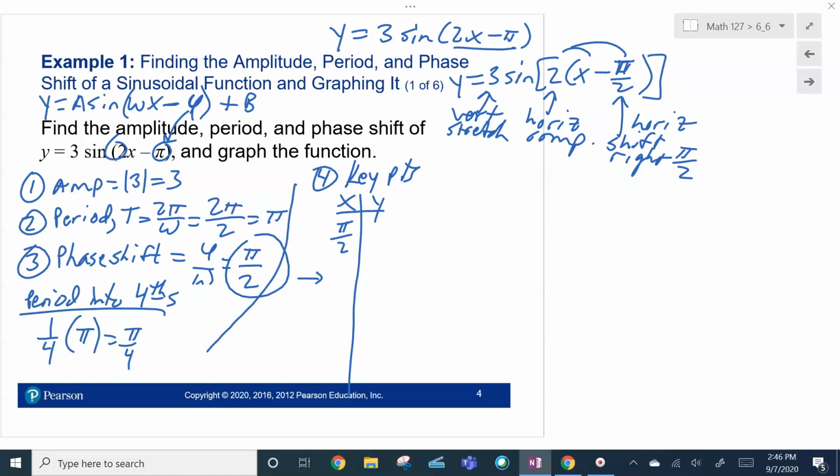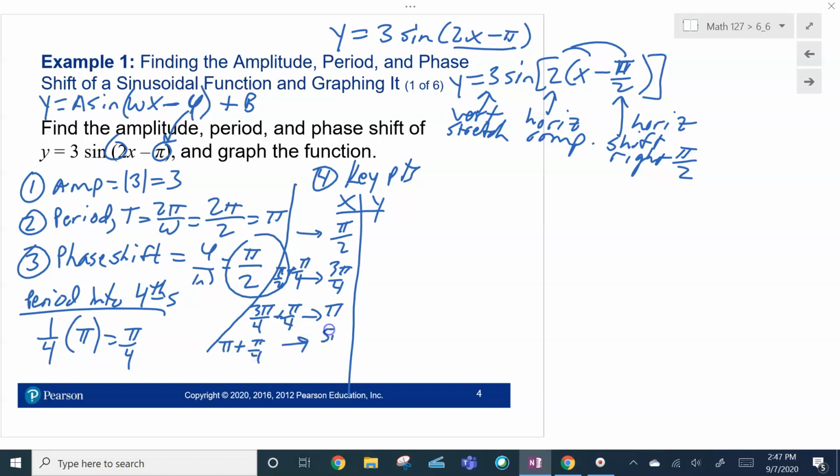I take the pi halves, my phase shift, that's my first point, and then I go up pi fourths from there. So pi halves plus pi fourths, that's 3 pi fourths. And from that point, 3 pi fourths, again I go up another pi fourths to pi. 3 pi fourths plus pi fourths, 4 pi fourths.